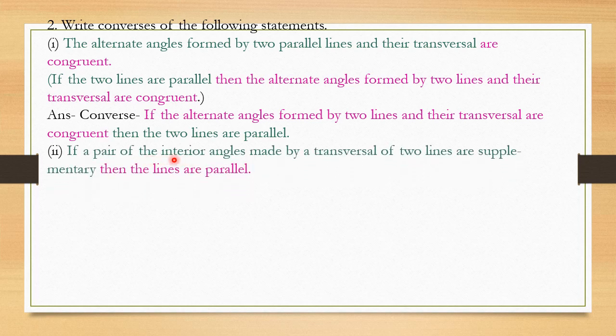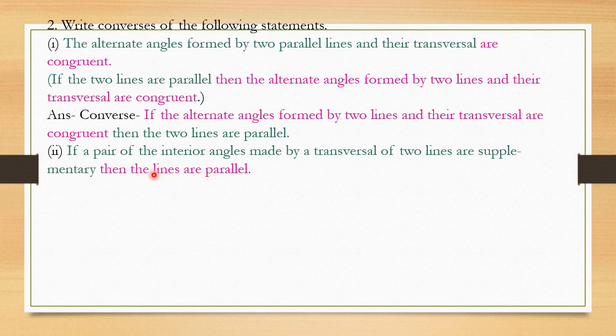If the pair of interior angles made by a transversal of two lines are supplementary, then the lines are parallel. Here the if and then statement is already given, so you don't have to take any pain or pressure of converting a normal statement into an if and then statement. The conditional statement is already given. To write the converse, you just have to interchange the position.